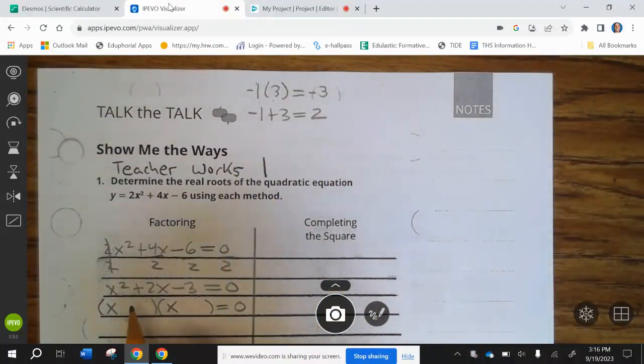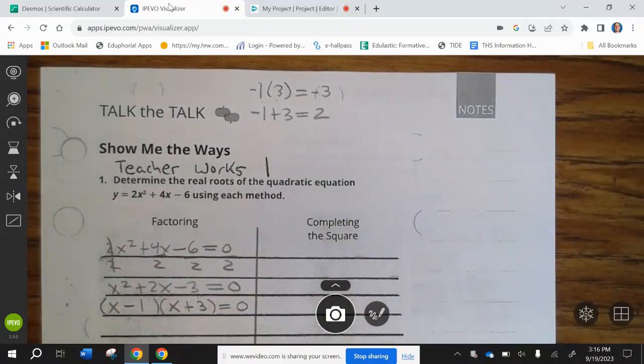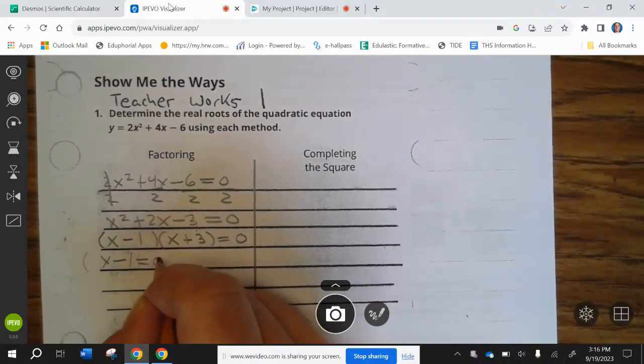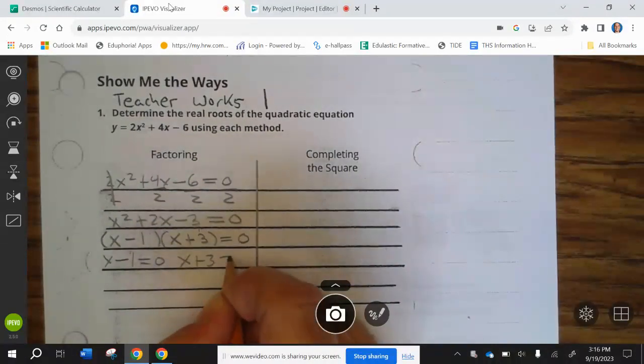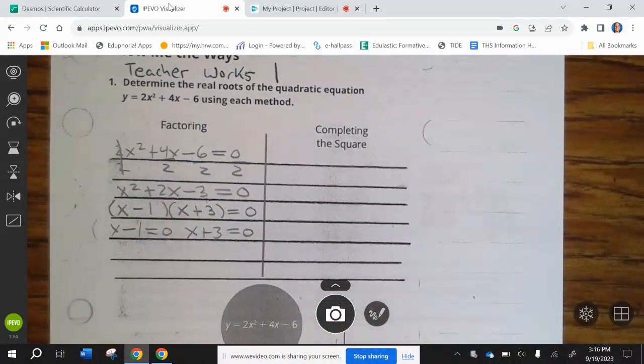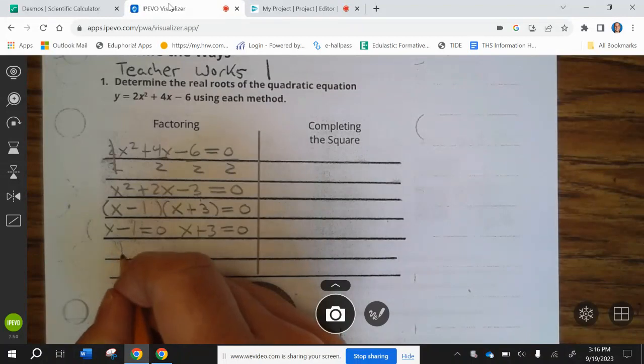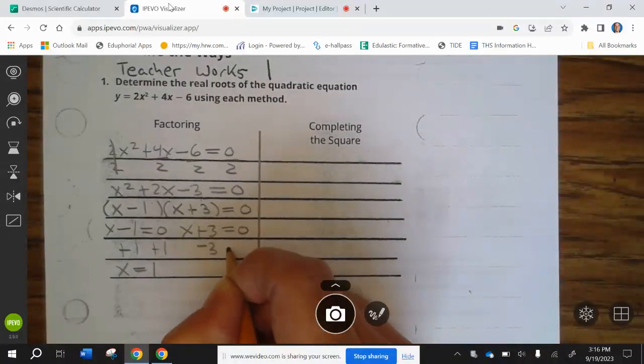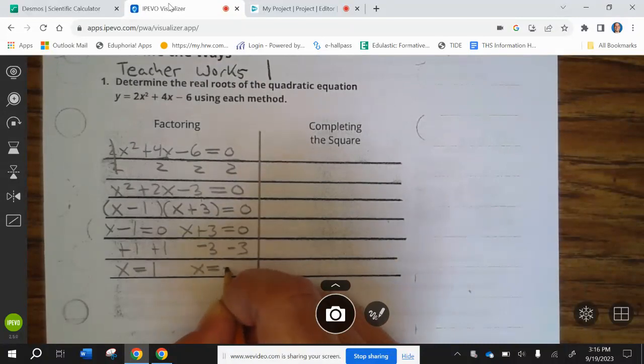So our factors are x minus 1 and x plus 3. We set them equal to 0: x minus 1 equals 0, x plus 3 equals 0. Add 1 to both sides, x equals 1. Subtract 3 from both sides, x equals negative 3.